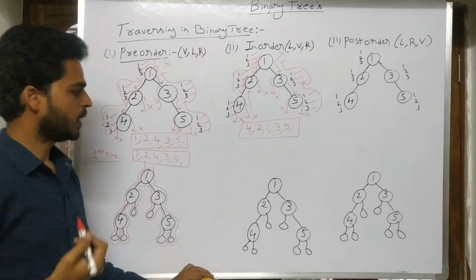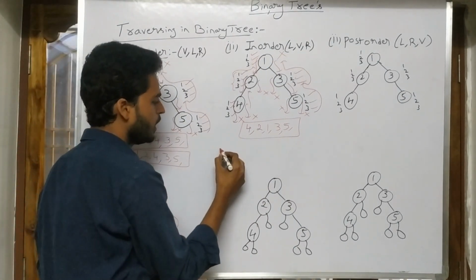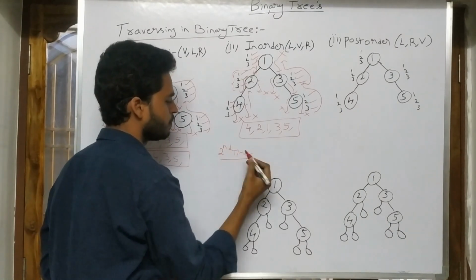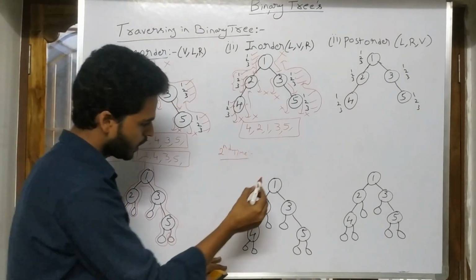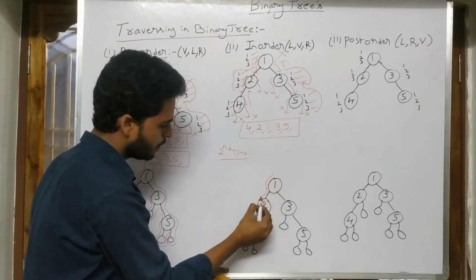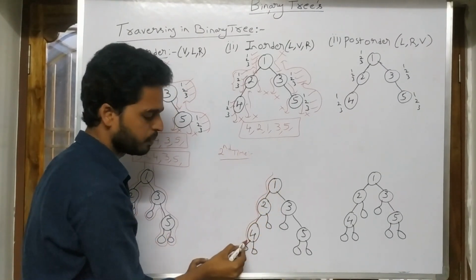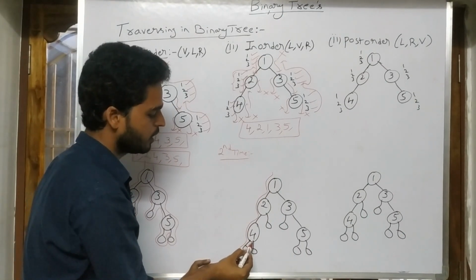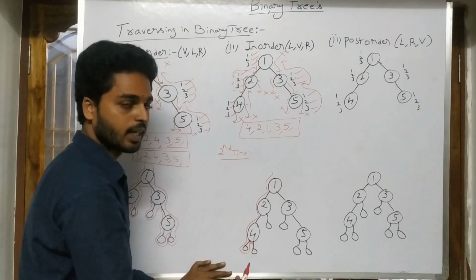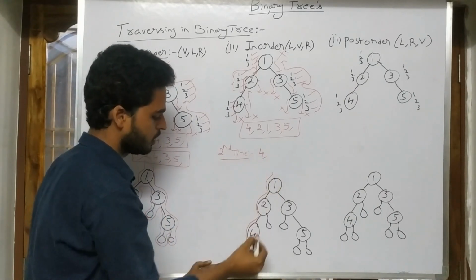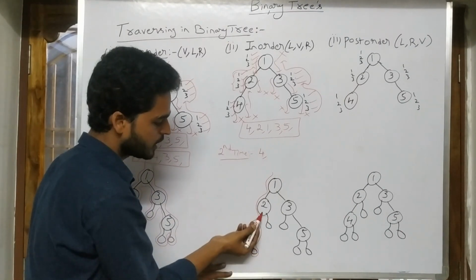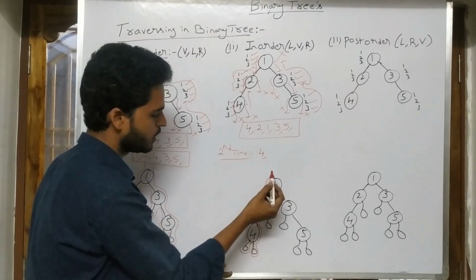Let's see the shortcut. Shortcut is, whenever you are visiting a node for the second time, print the data. This is first time, first time, first time. Dummy node, I am touching the node for the second time, so I will print the data. I am touching the second node for the second time.